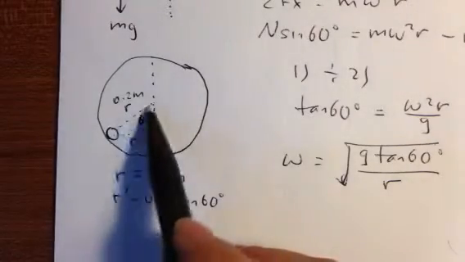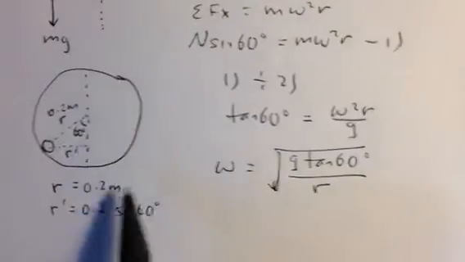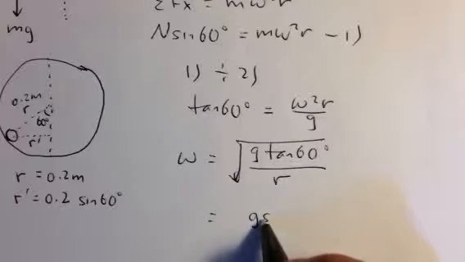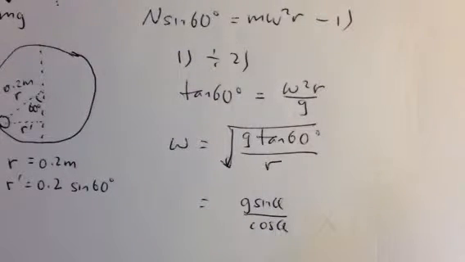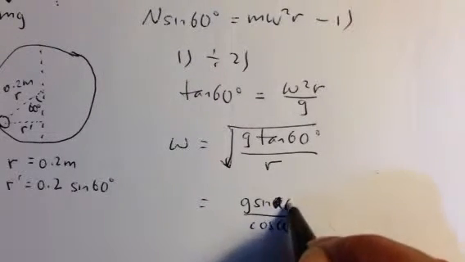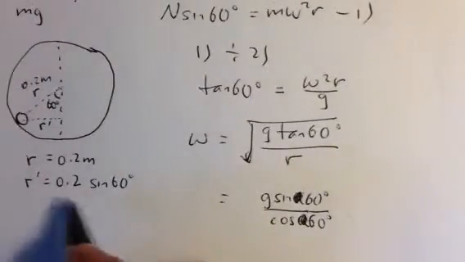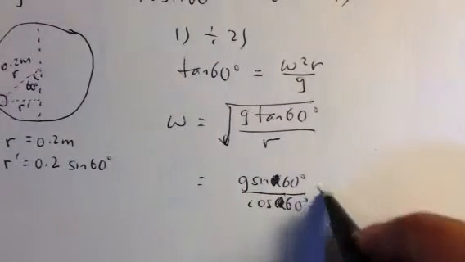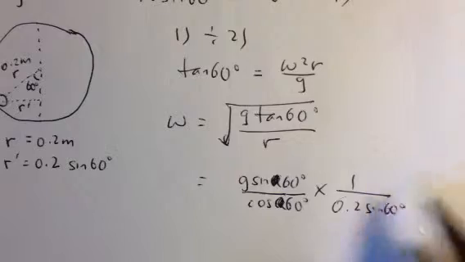They use r, but it should be r prime in this question. I'm going to expand tangent 60 degrees into sine over cosine, and divide by r, which is actually r prime, so you multiply by 1 over 0.2 sine 60 degrees.